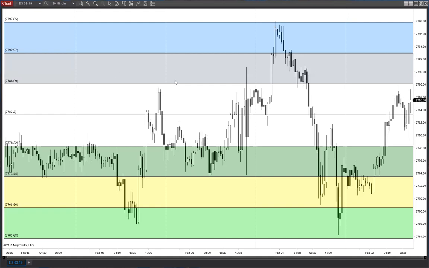So all we know right now is we're building a high-level base. As long as this level holds, the market still wants to try to get up and retest these levels, for either a retest failure or a new high. So step by step, we need to pay attention to these levels.